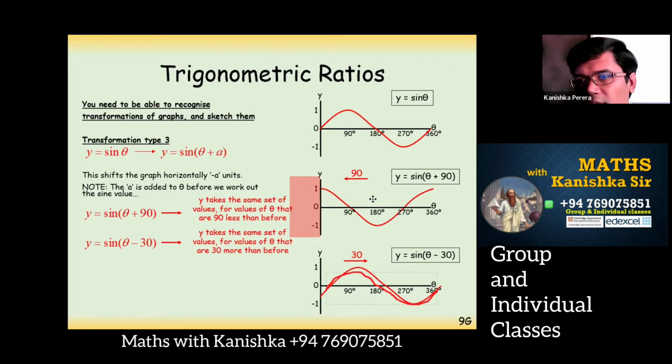So this is for the plus 90, and you can see that from here to there we have 90, from here to here we have 90. The 90 that we have is shifted to this side.